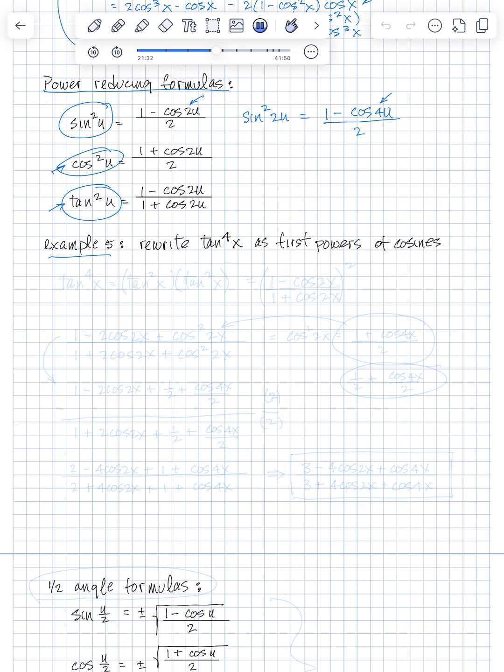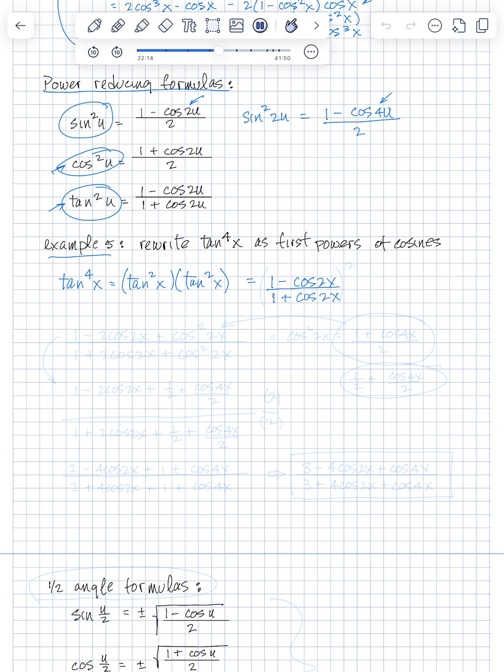So the first thing we're going to do is break up this tangent to the fourth x into tangent squared x times tangent squared x. Because we can deal with tangent squared x, because the tangent squared x is a 1 minus cosine 2x over 1 plus cosine 2x.